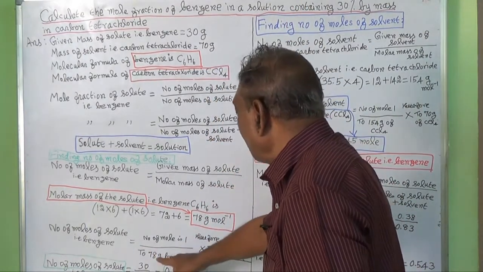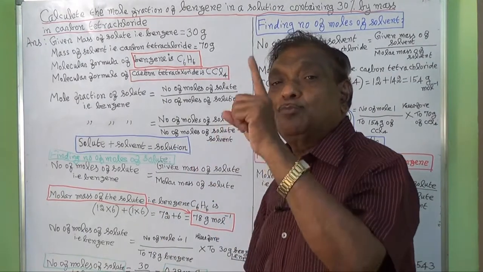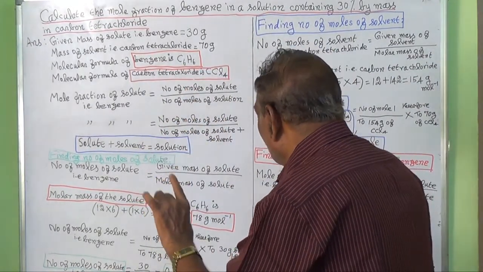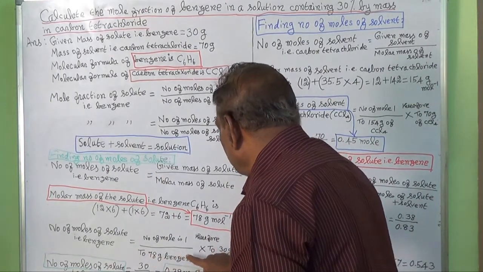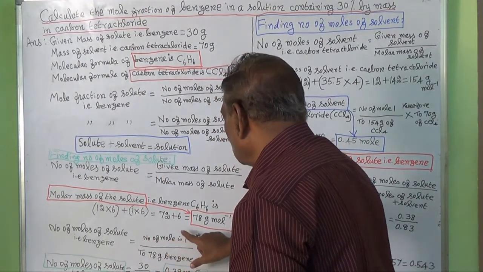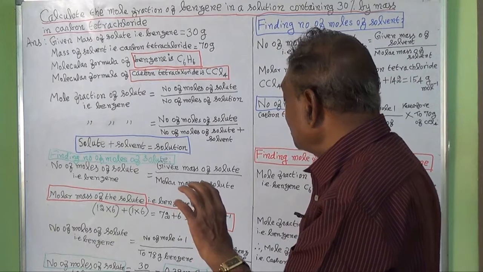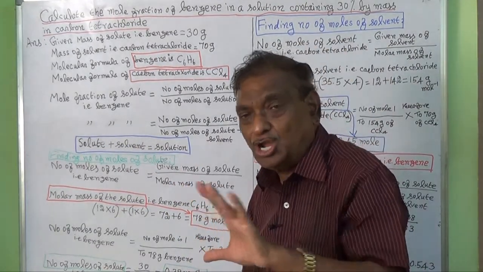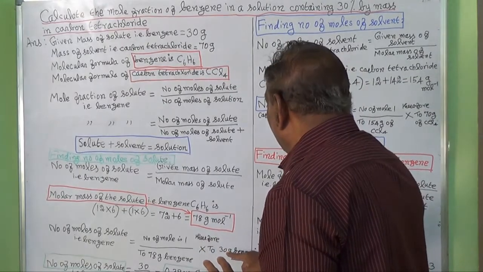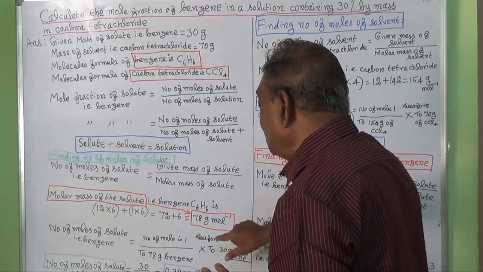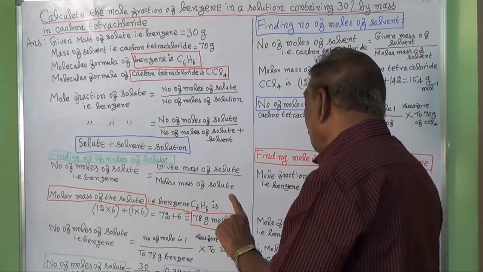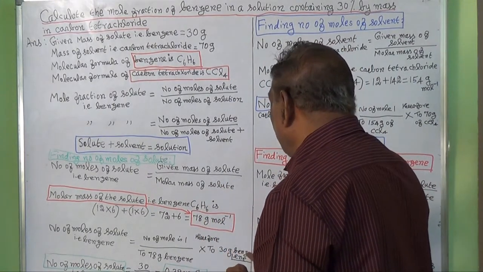This 78 gram is the 1 molar mass, so it is written as 78 gram of benzene, the number of mole is 1. In our sum, 78 gram of benzene is not dissolved, but 30 gram of benzene is dissolved. So we have to find for 30 gram of benzene.